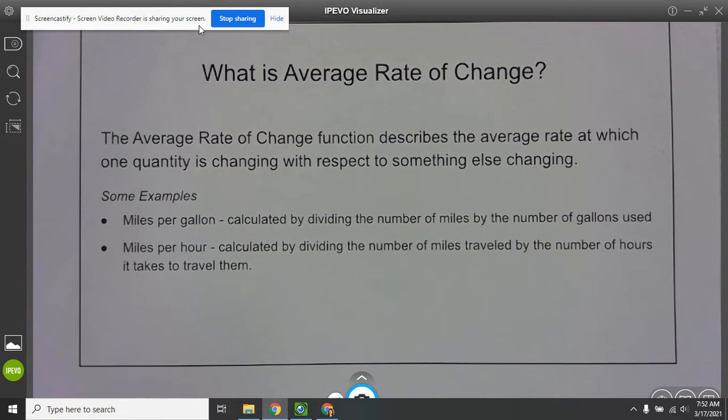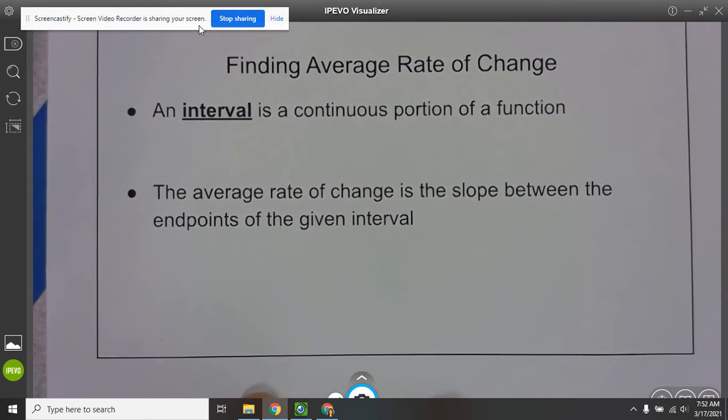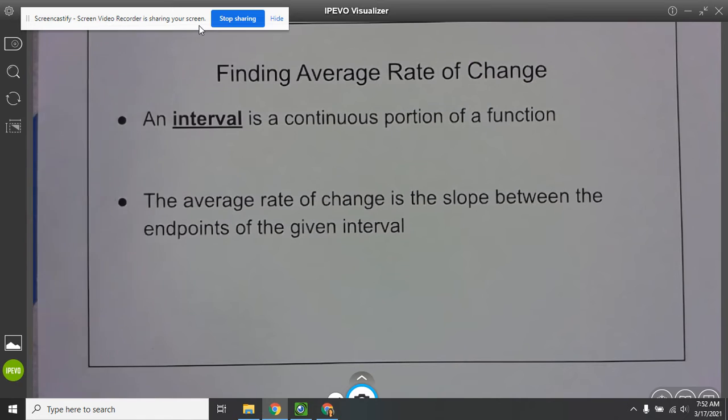So when we're talking about this with an exponential function, the way that we're going to find it is we will have an interval, and we're going to use that interval as our endpoints, and we're going to find the slope of the line that would be created between those 2 points.